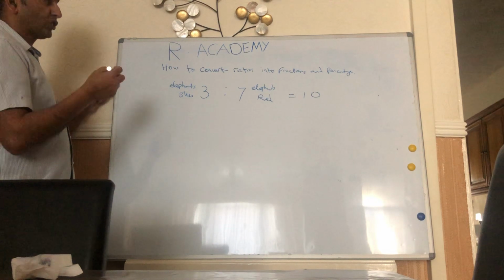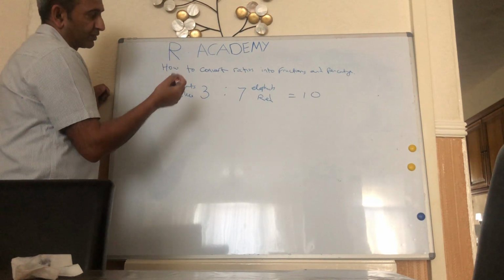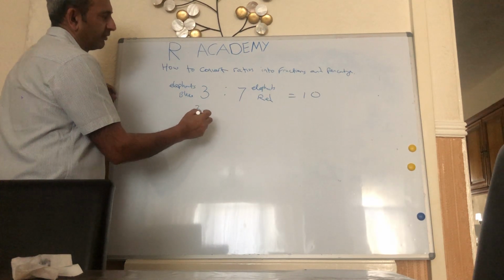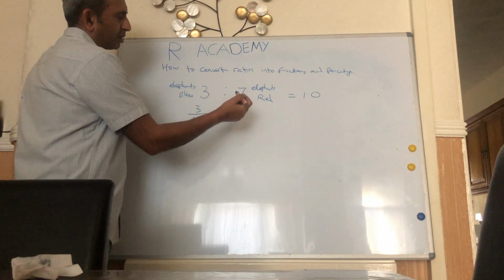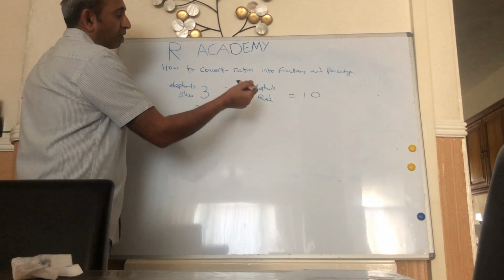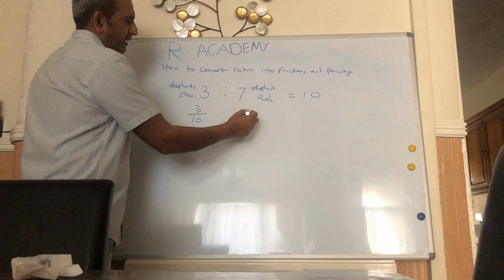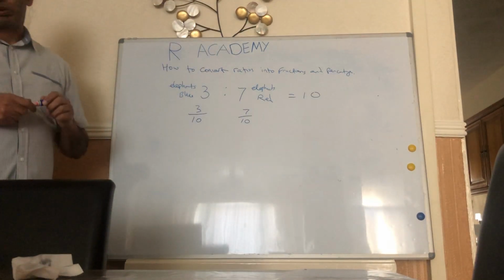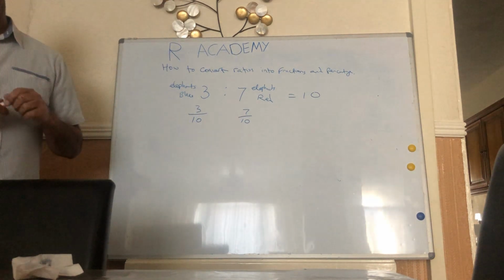So as a fraction, the portion of elephants that are blue would be represented by 3 over 10, and the portion of elephants which are red would be represented as 7 over 10. So that's what makes it a fraction.